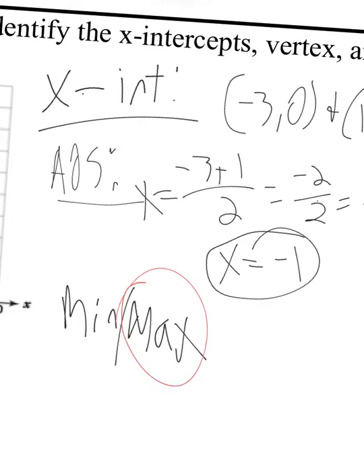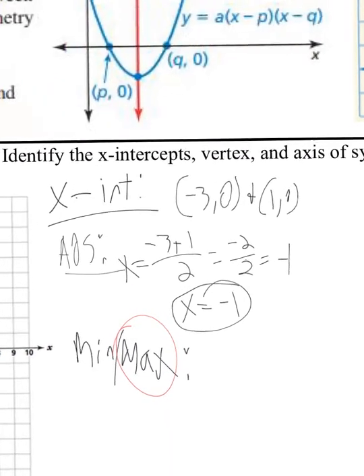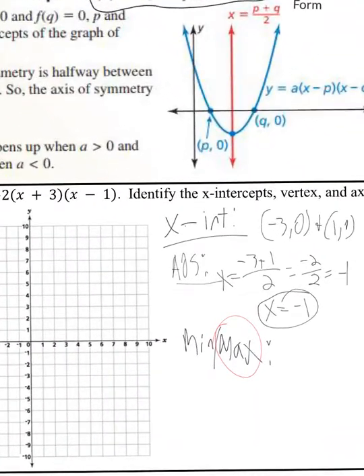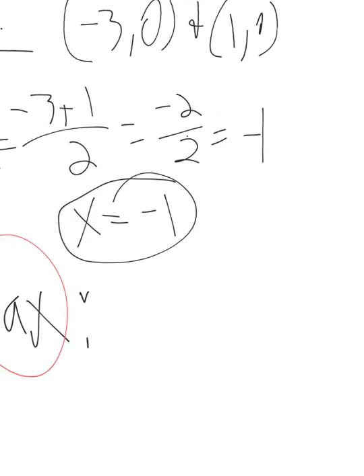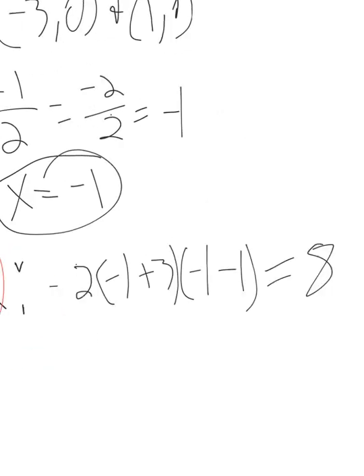And then I just need to plug in negative 1 into my function. So I'm going to write negative 2 times negative 1 plus 3 and negative 1 minus 1. And I get 8. So if I got 8 for my maximum value, you could throw in a y equals 8 next to it, then you have found your vertex.